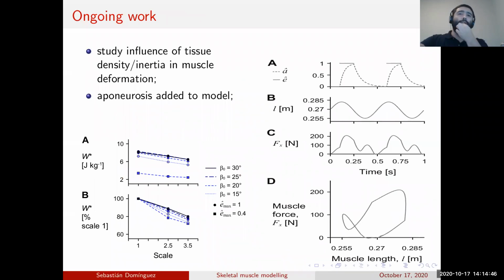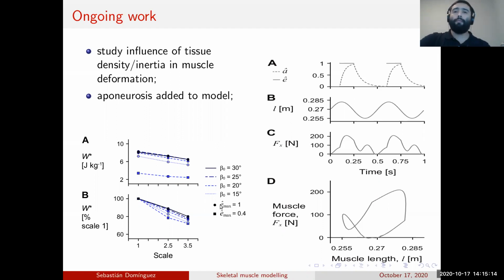Ongoing work is actually on the dynamic side. We are using the dynamic model to compare with real data. My collaborator, who is not shown here, Stephanie Ross, went on to Harvard last year and did some experiments with rat muscle. We wanted to compare that with our model and see what happened.